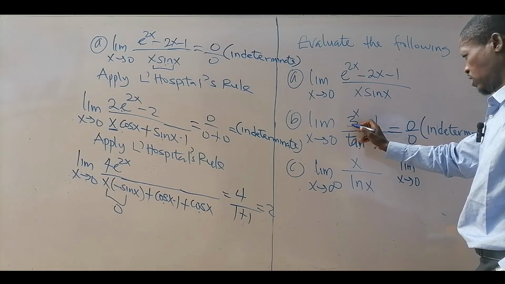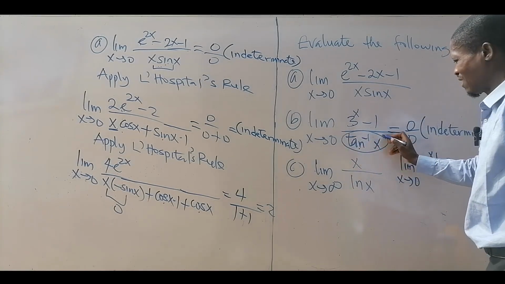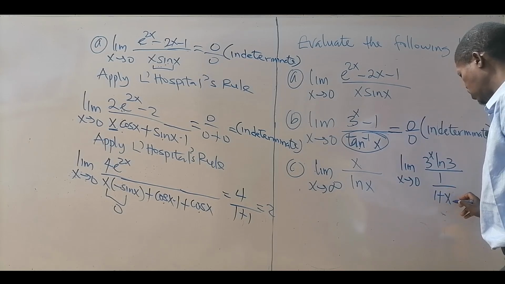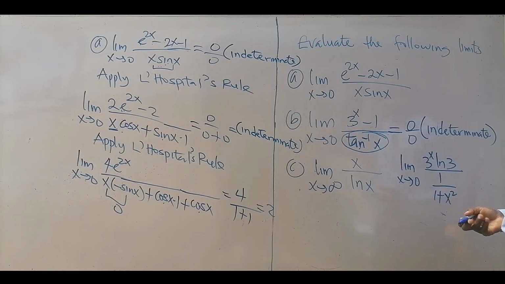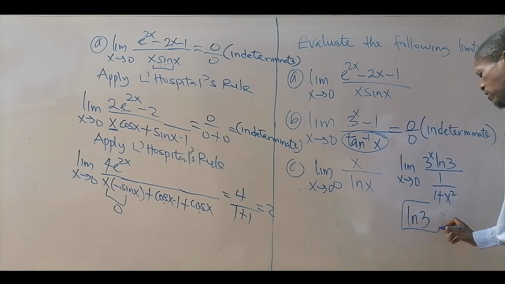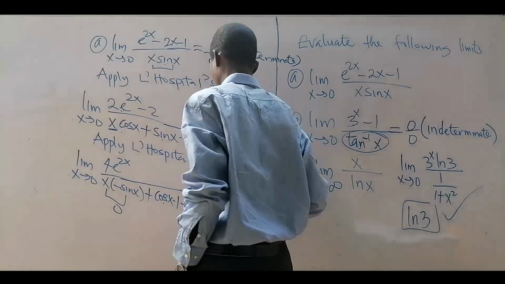If you differentiate this one, you're going to have this all over the derivative of arc tangent, which is 1 over 1 plus x squared. Then do your direct substitution, and that will give you ln 3, the natural logarithm of 3. And that's the end of the second part of this question.